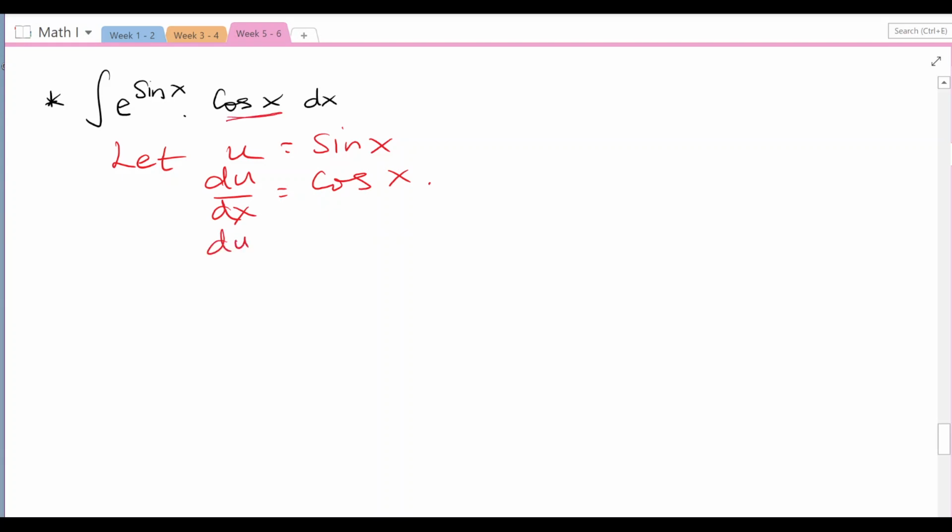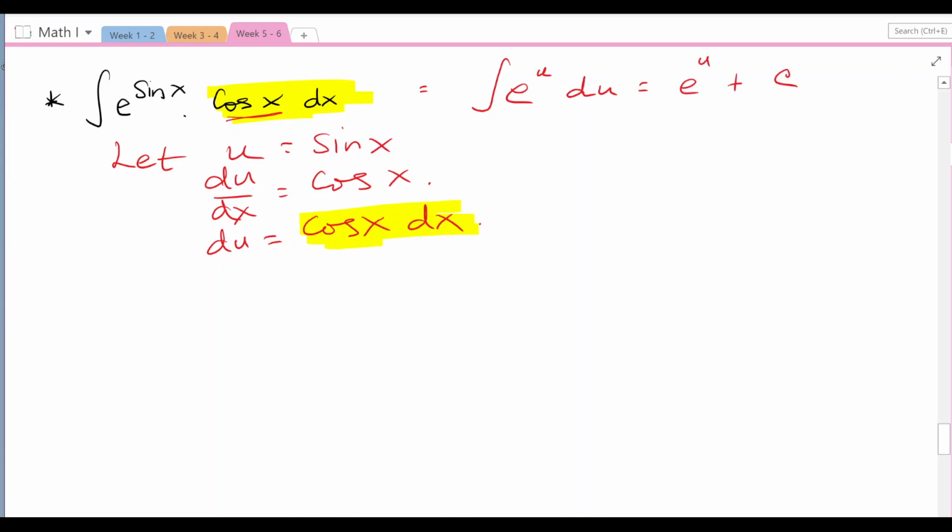We simply rearrange: du equals cos x dx. So cos x dx now equals du, and e raised to the power of sin x becomes e to the power of u. The answer for this is e to the power of u plus c, or e to the power of sin x plus c.